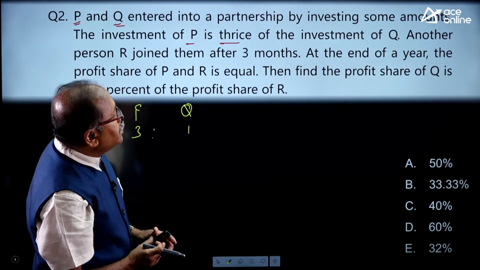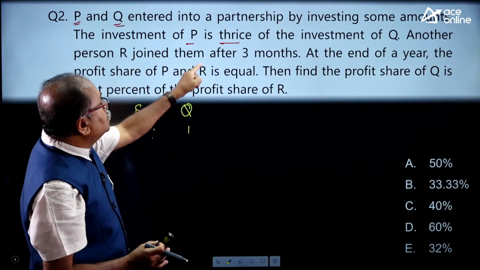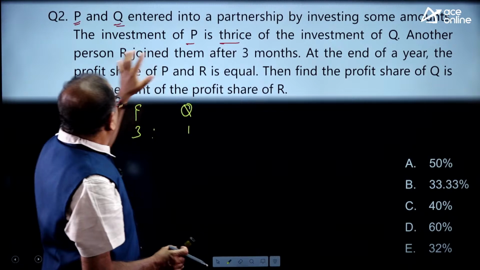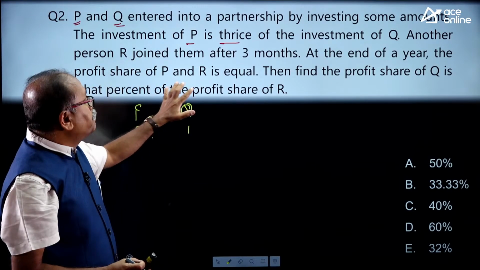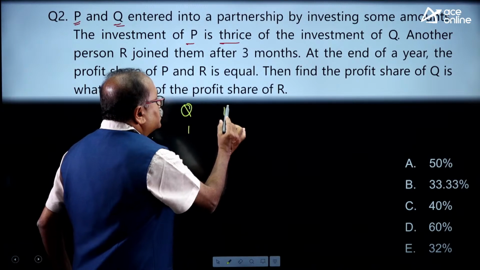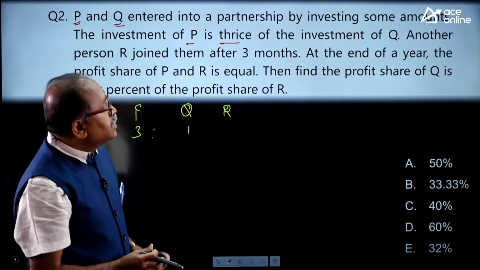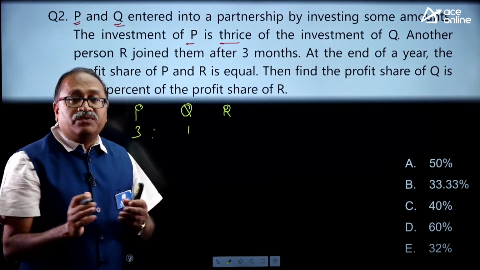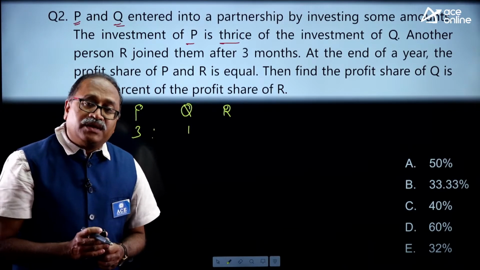Done. The next, another person R joins them after 3 months. And at the end of the year, the profit share of P and R is equal. Another person R joins after 3 months. Nothing changes between P and Q for how many months they worked. That means they worked for the entire period.